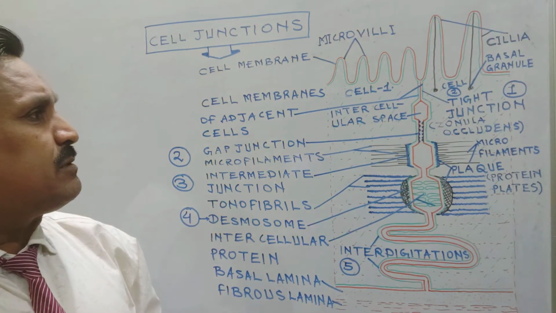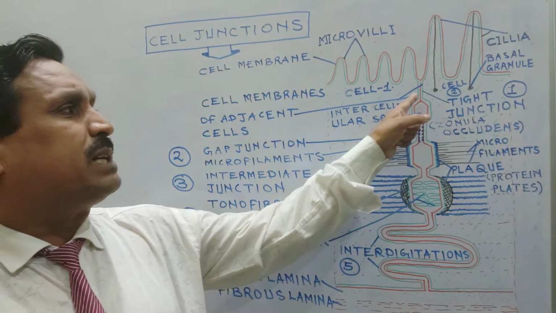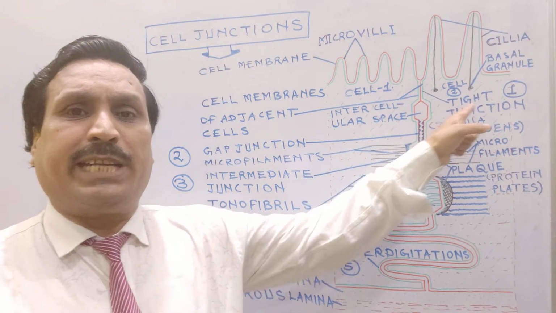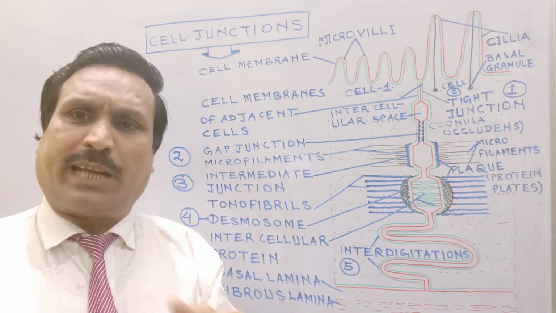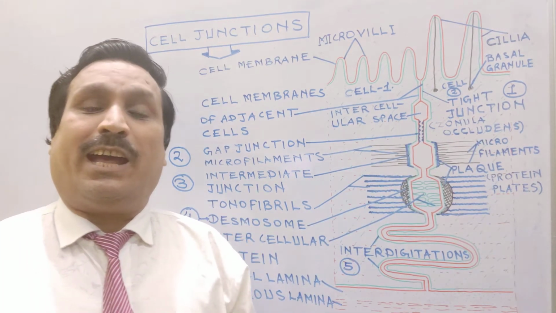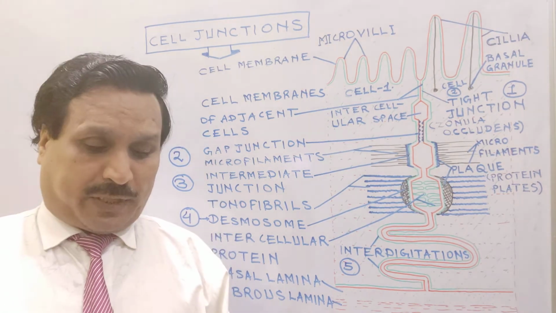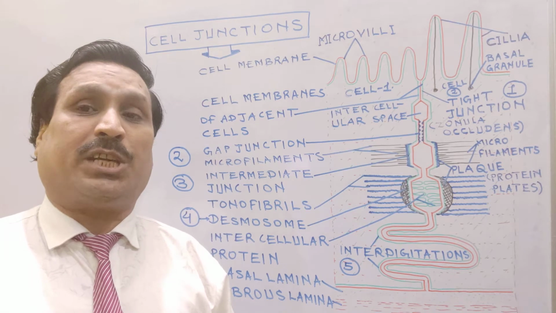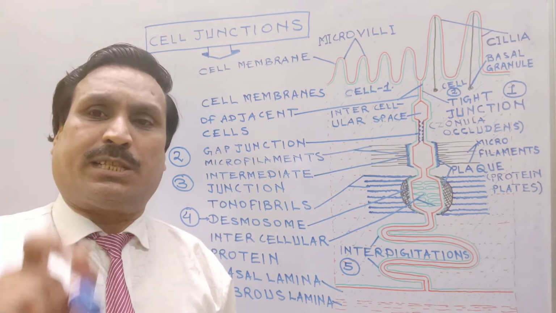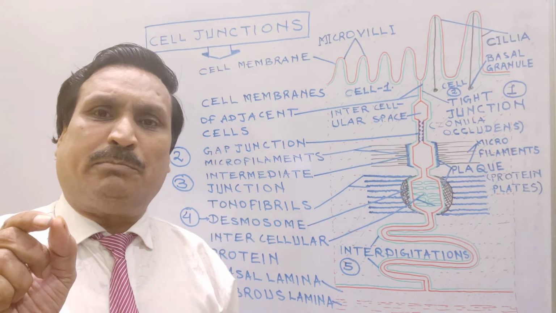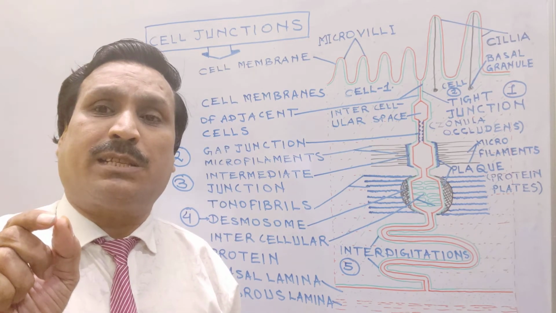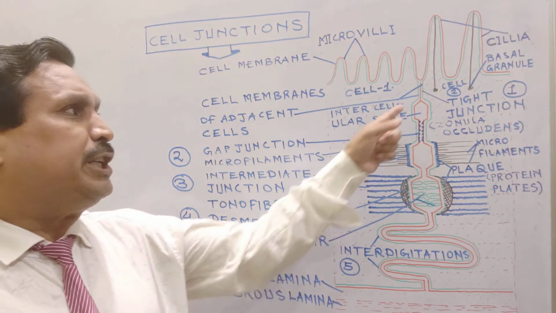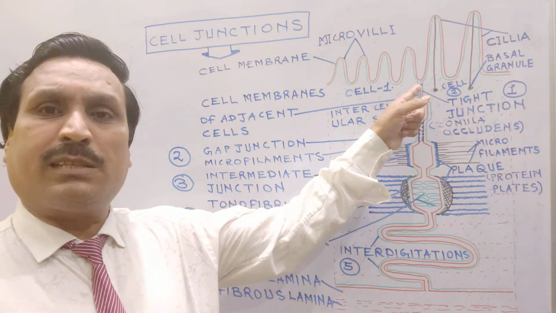Let us discuss first of all the first junction. This is tight junction. Tight means tight. As the name reflects, tight junction is a junction that stitches the cell membranes of two adjacent cells tightly at the tip of the adjacent cells.